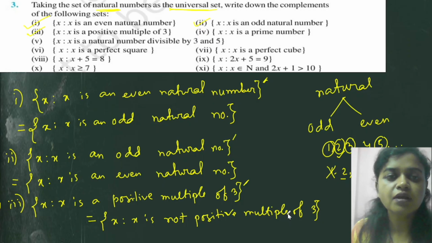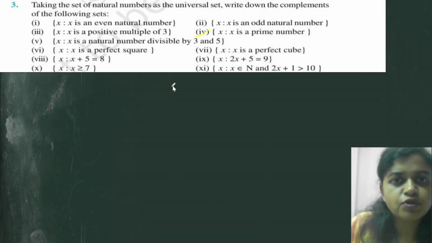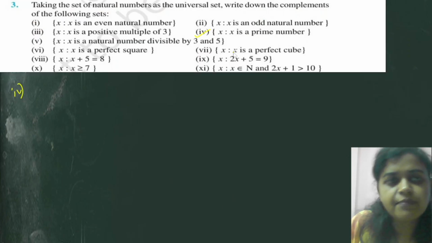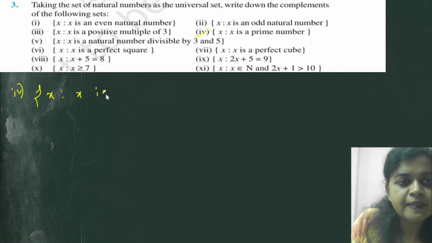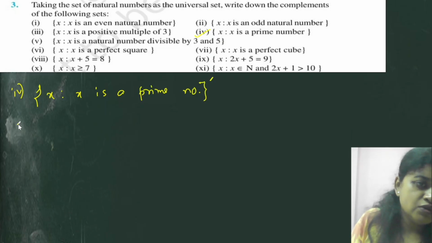Okay. Now next we will discuss question number 4. Question number 4 says that x is a prime number. So let us write x such that x is a prime number. You have to find its complement.